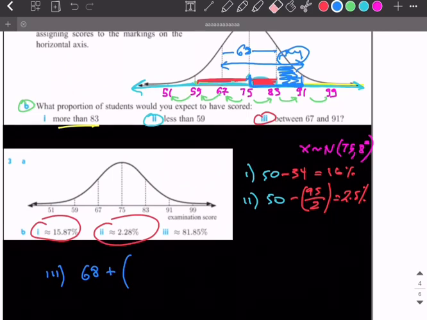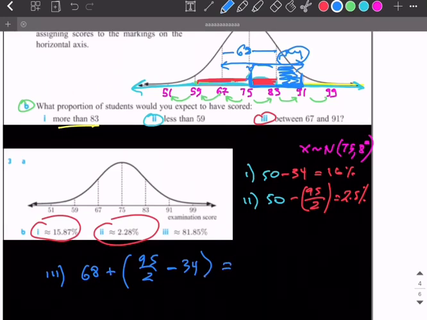From here to here is 95 halves, so 95 halves minus 34, so it's just arithmetic, it's not something more than that.